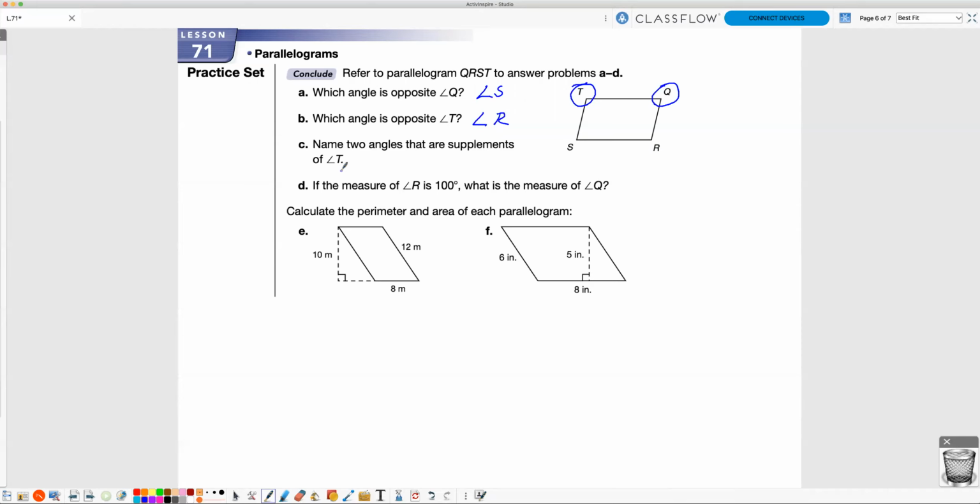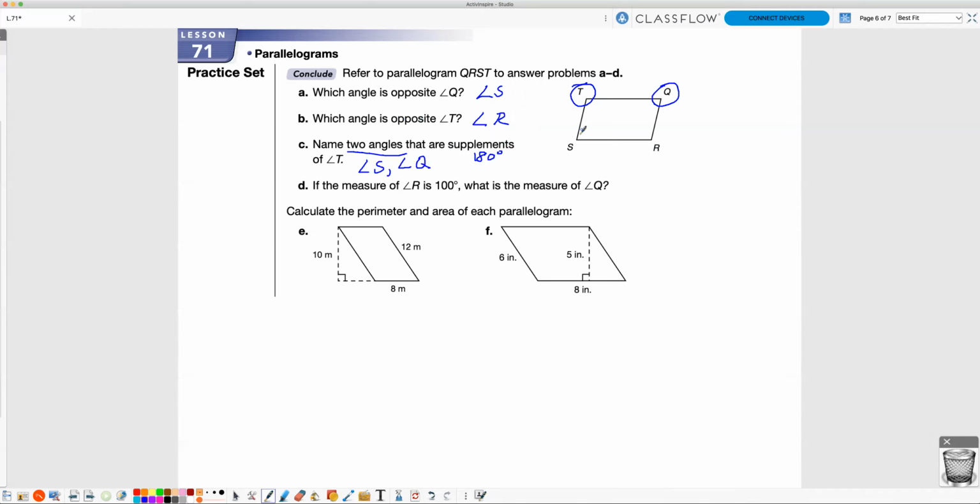Letter C, name 2 angles that are supplements of angle T. So what does that mean again? 180 degrees is what they have to add up to. So 2 angles that are supplements of angle T would be those that are what? If you said angle S and angle Q, you would have been correct.